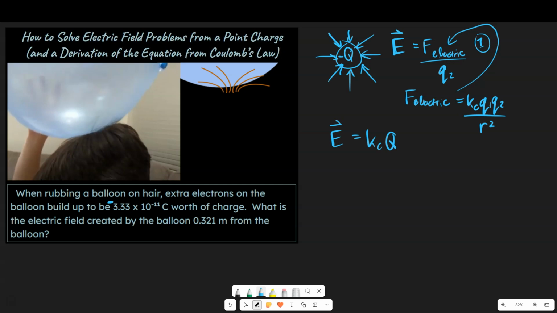So capital Q is going to represent the charge that the balloon has. And then the other Q that we have down here would be a small positive test charge. We can label as Q2. And so again, all I'm doing is changing these subscripts right here. A subscript is just a label there for us.